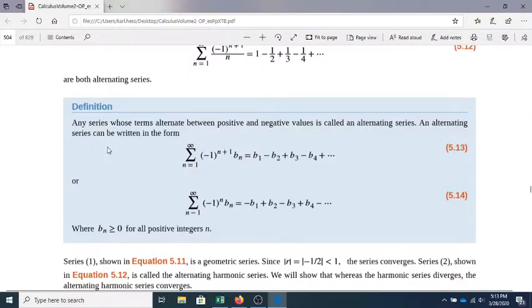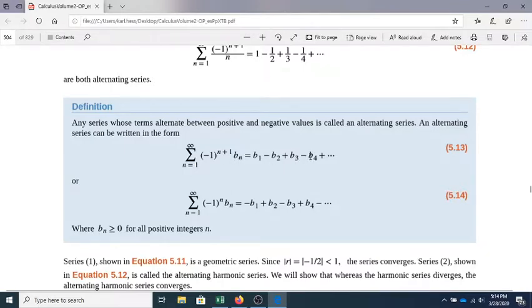So an alternating series can be written in the form -1 to the n plus 1 times some formula for the rest of the nth term. So the nth term is whatever b sub n is times -1 to the n plus 1. Now remember, when we raise -1 to powers, even powers will make it positive, odd powers will make it negative, and so having a factor of -1 to a power at the front end is what creates this alternating effect.